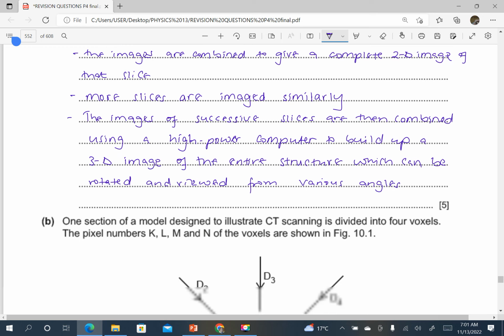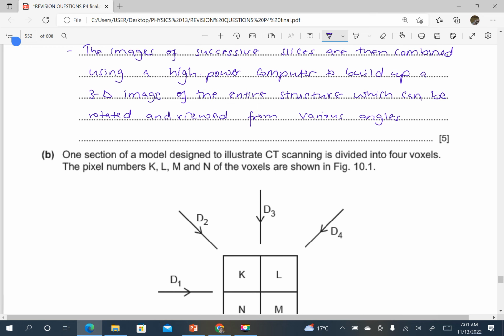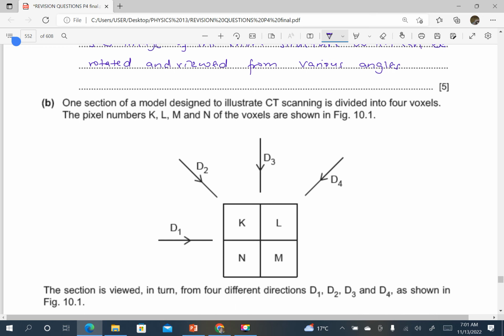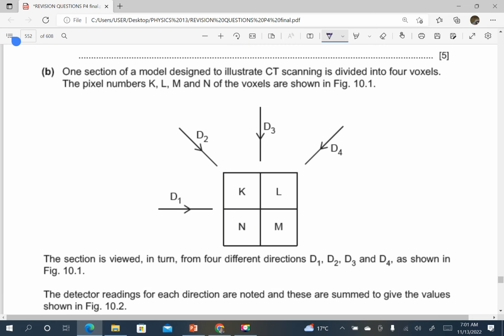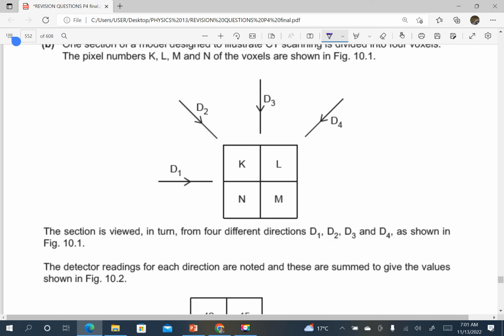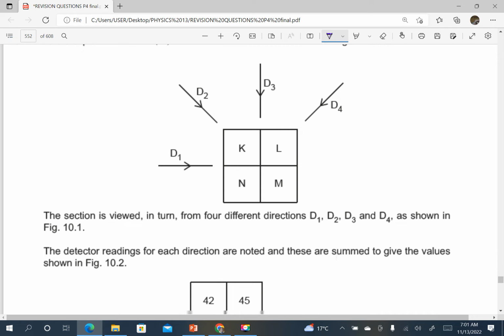One section of a model designed to illustrate CT scanning is divided into 4 voxels. The pixel numbers K, L, M, and N of the voxels are shown here. You can see the directions of view. The section is viewed in turn from 4 different directions, D1, D2, D3, and D4 as shown there.